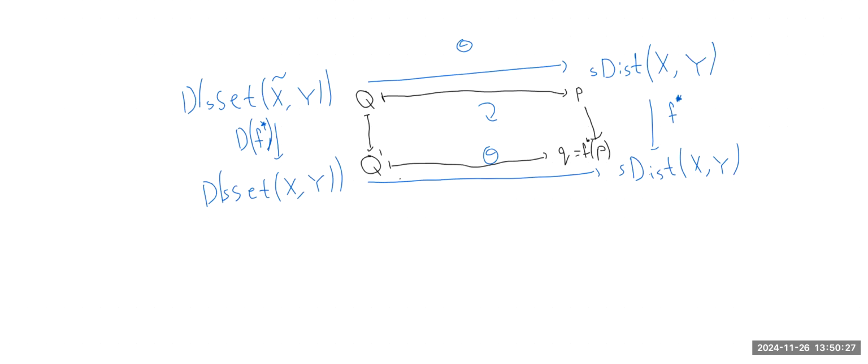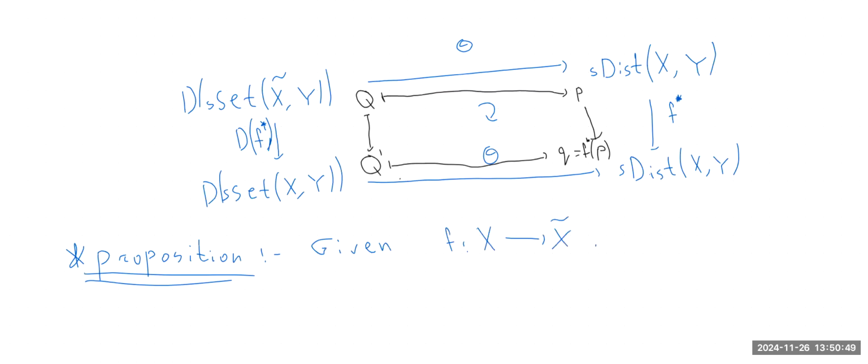So let's write this proposition. Given f from x to x tilde, if p in simplicial distribution xy is non-contextual, then this, the push forward of f, as we call it, is also non-contextual.